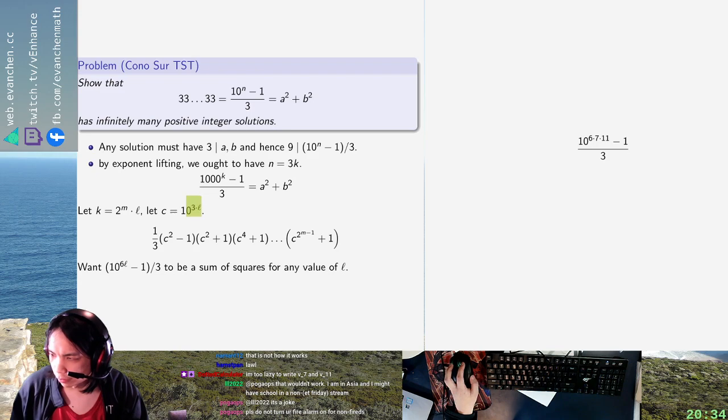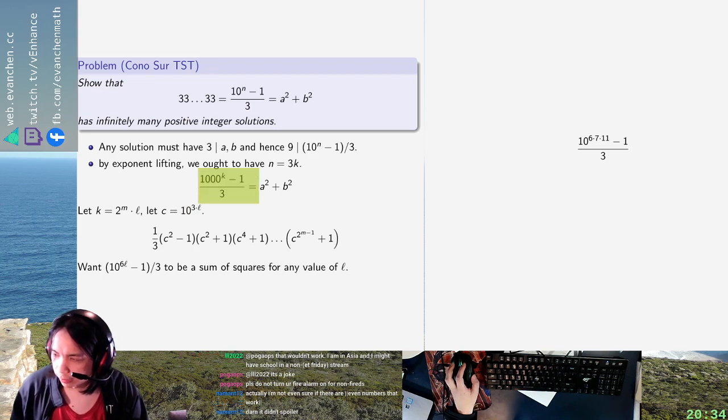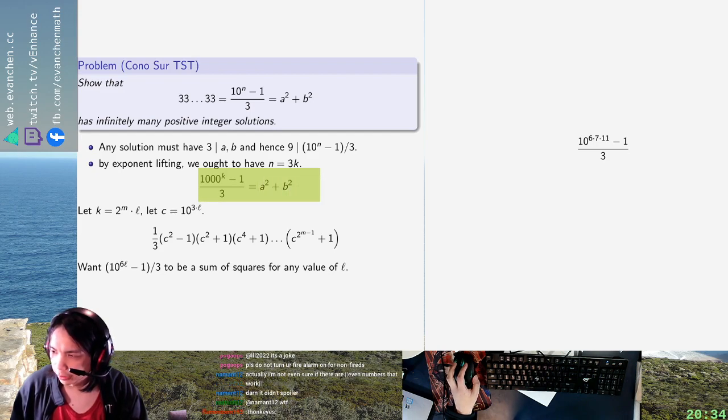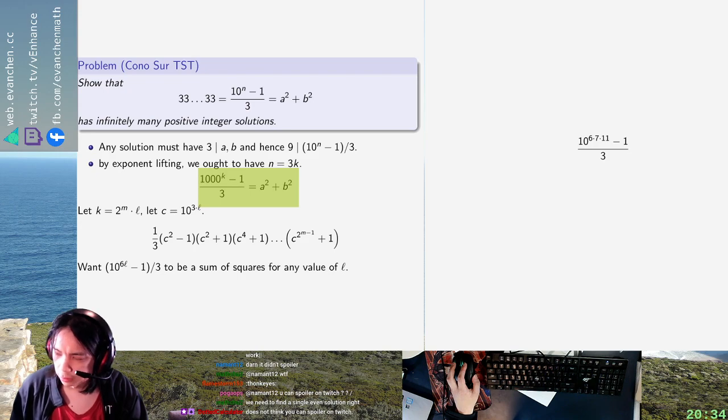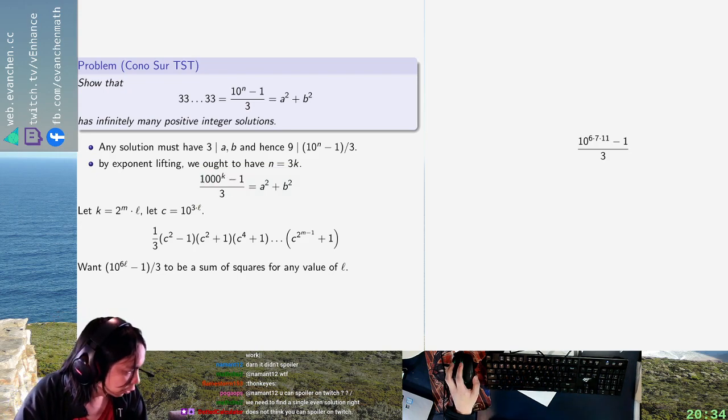Why do I have a 3 here? Now I'm confused. I think you're right though. If you get any solution k, then just by doubling it repeatedly, it's fine. So we only need to find a single solution. In which case, why can't I take k equals 1? Wait, what? A single even solution, sorry. Single even number that works. Yeah. Okay, I think we're on the same page.